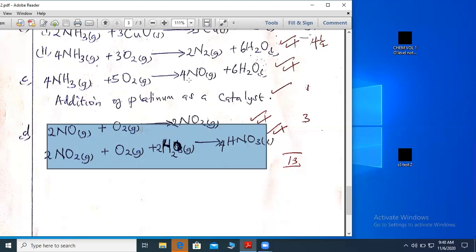Some of you, when you form nitrogen monoxide, write another equation where nitrogen monoxide goes to nitrogen dioxide on the same part. If the question is asking you to write an equation for the formation of nitrogen monoxide, why do you include the formation of nitrogen dioxide in the process? You don't have to go there.